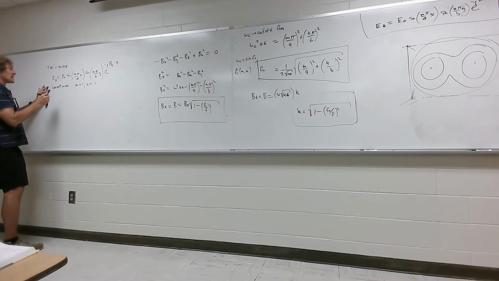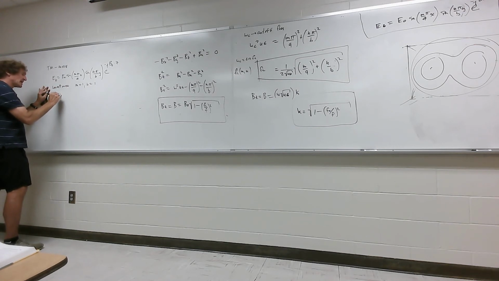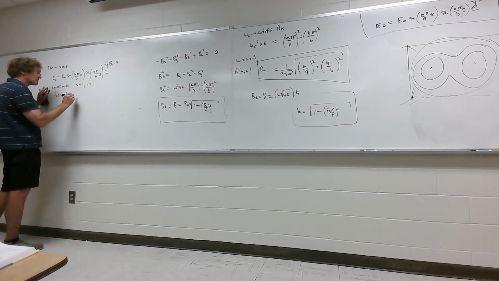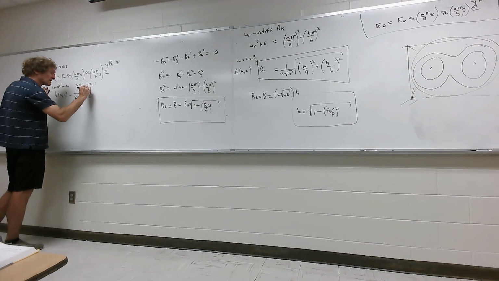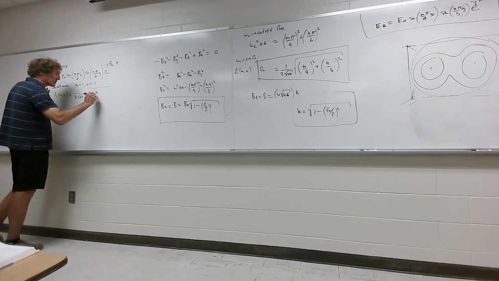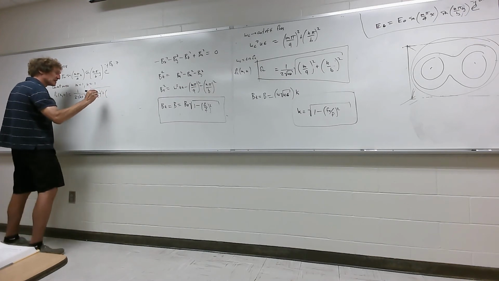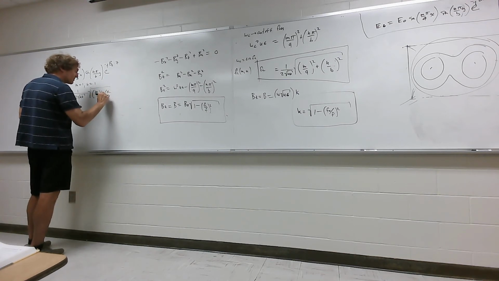All right? After that, cutoff frequency is the same as everything else. The cutoff frequency for the M-N mode is equal to 1 over 2 square root of mu epsilon, times the square root of (M over A) squared plus (N over B) squared.